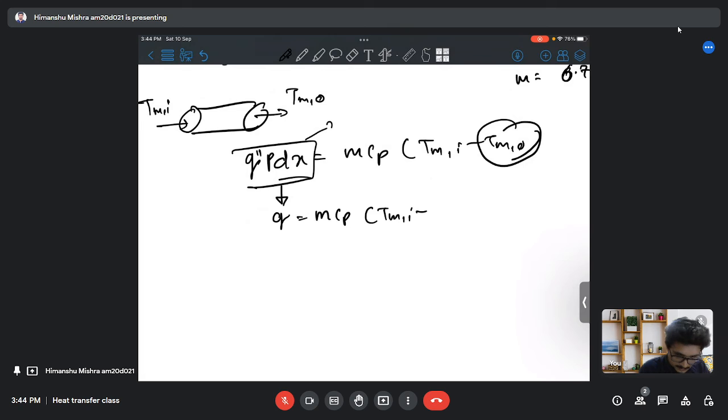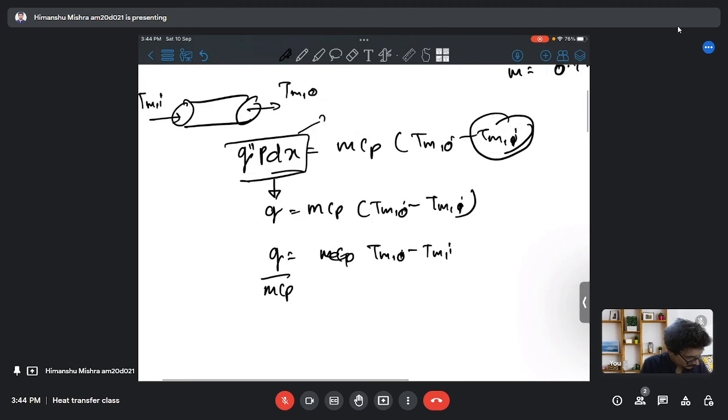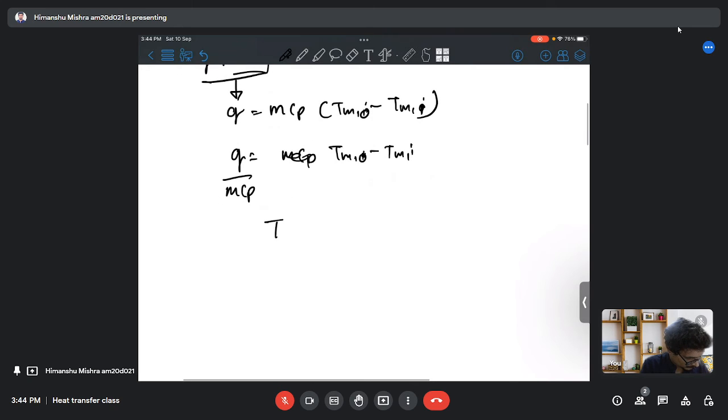So I can write: my heat transfer is 50 watts, and this will be given by the temperature at the outlet. So we just need to put in the values here.